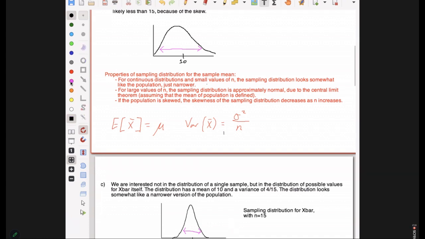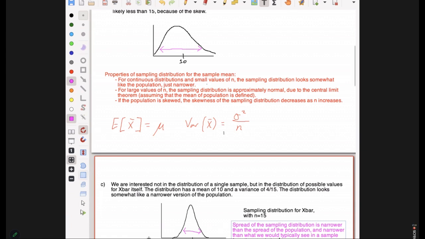We can say here that the spread of the sampling distribution is narrower than the spread of the population and narrower than what we would typically see in a sample from the population.